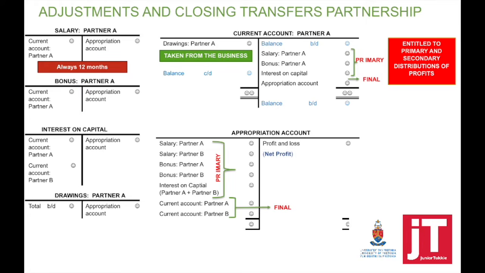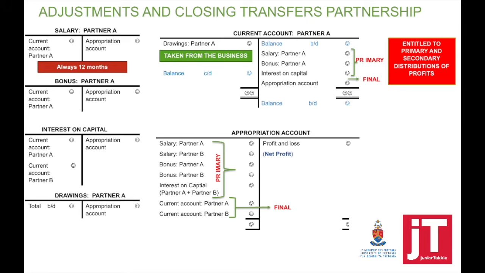Salary, bonus, and interest on capital is an expense to the business. This will be debited and the current account of each partner credited. Each partner will have their own account. So you would always have in the current account the primary distributions of profits on the credit side.